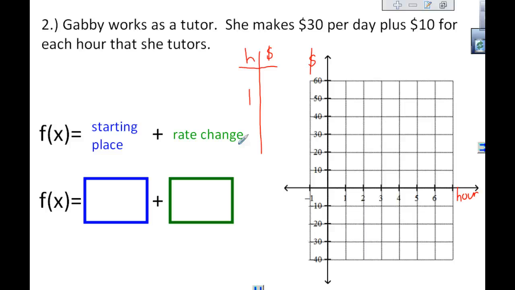You have to read everything in context. She makes $30 a day no matter what, and then $10 for every hour she actually works. So if she works 1 hour, she'll make the $30 plus $10. That's $40.